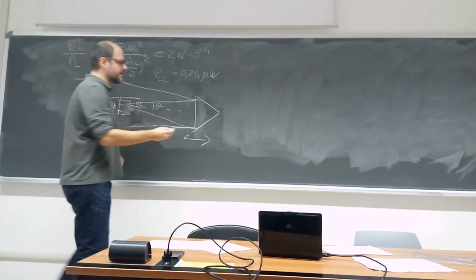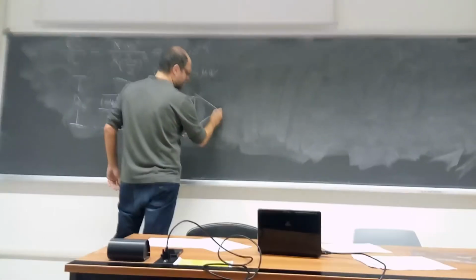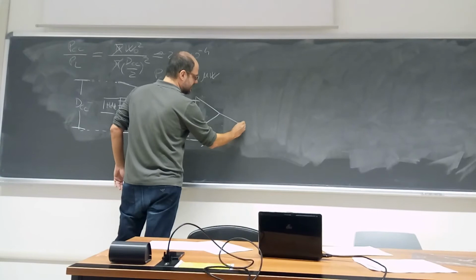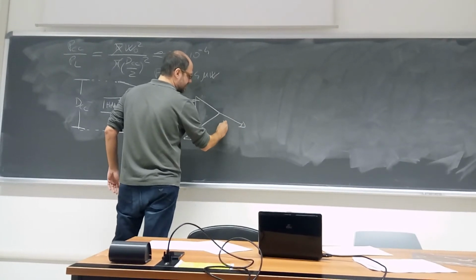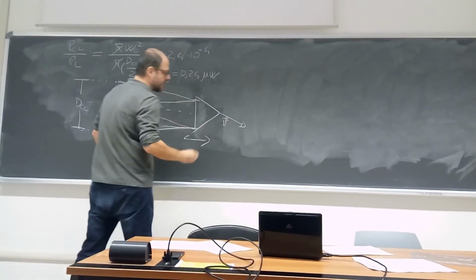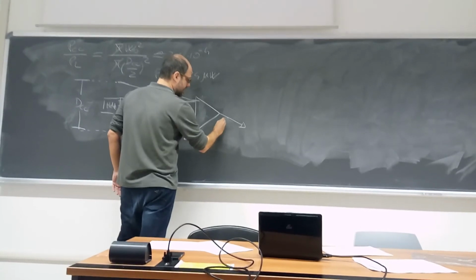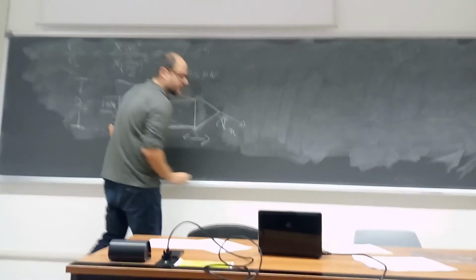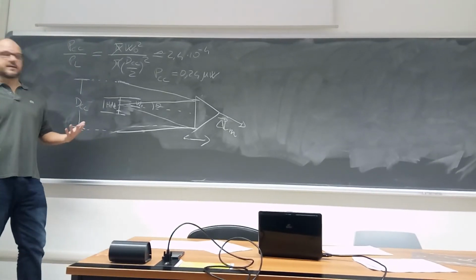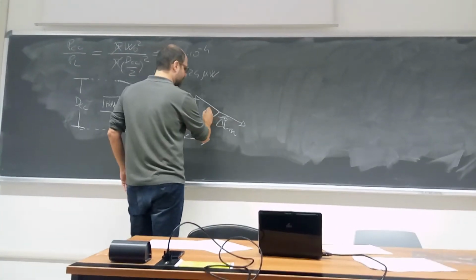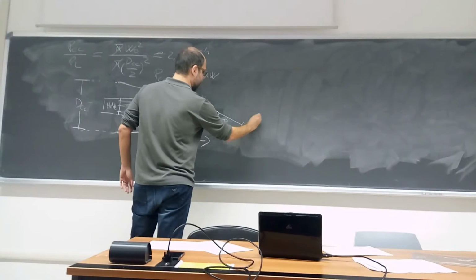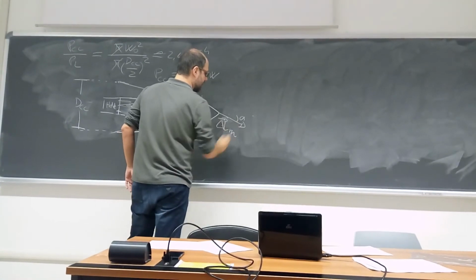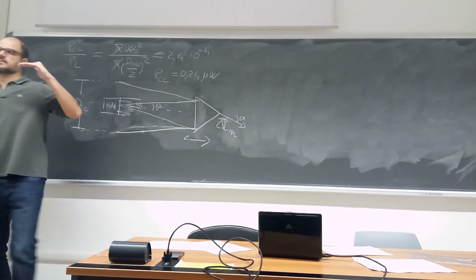Let's suppose that the target is now moving in this direction. So let's say this is the velocity or the displacement of our real target. And so we have an angle alpha with respect to the optical axis.